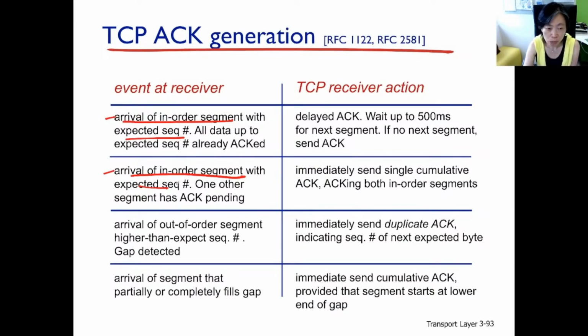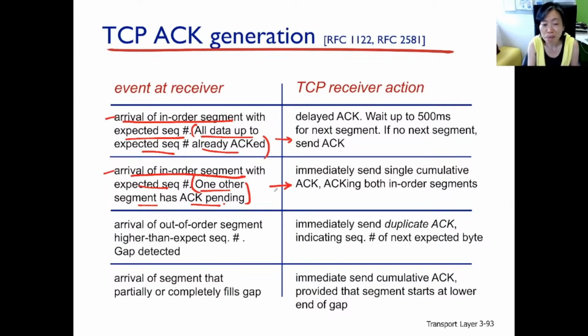But at the TCP's receiver, how we send the ACK back depends on the second condition here. In event number 1, when all data up to the expected sequence number are already ACKed, then we do one thing. If one other segment has an ACK pending, meaning that segment there, we should be sending an ACK out, but it's actually pending, we haven't sent it out yet, then we do this.